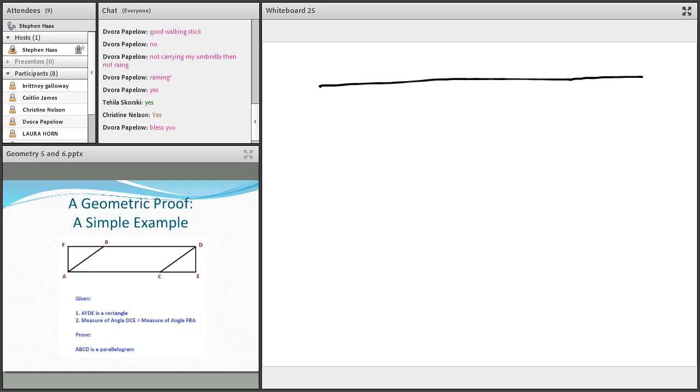Believe me, it's not that easy to write with these pads, with these writing tablets over here. Okay, anyway, we're going to say statements, and then we'll put a reasons column over here. And let's look at the one on the slide.